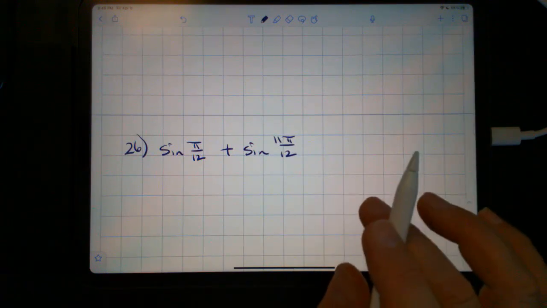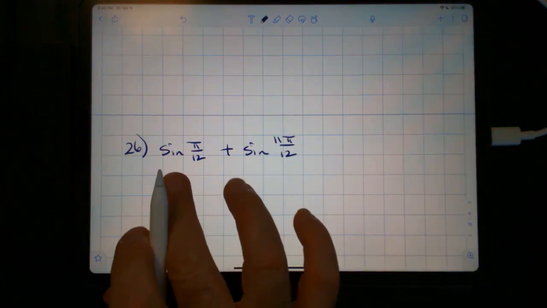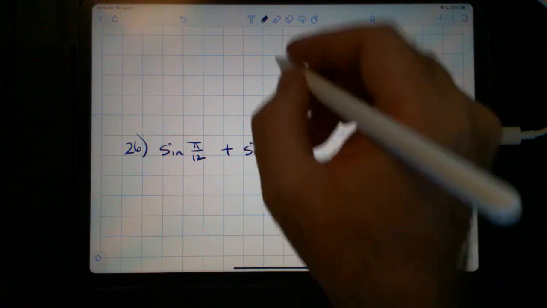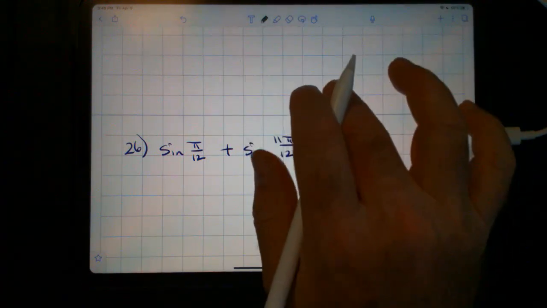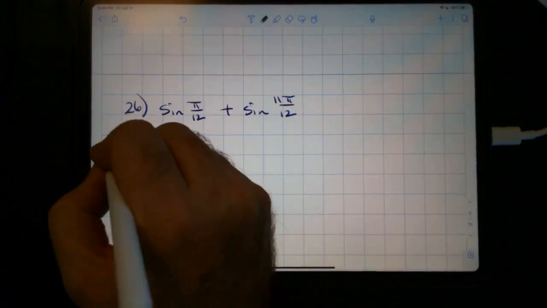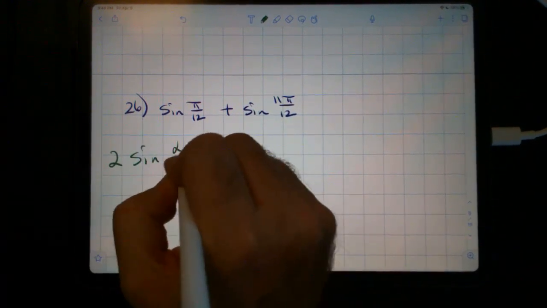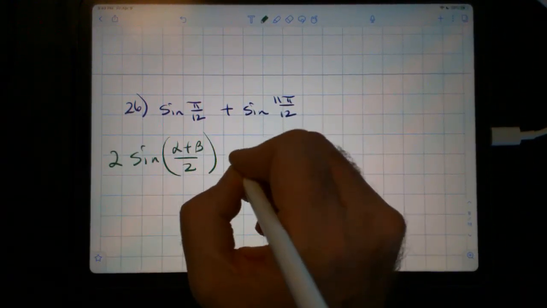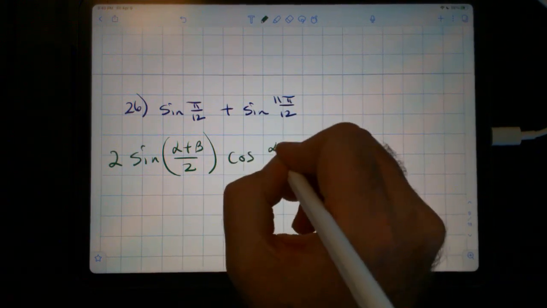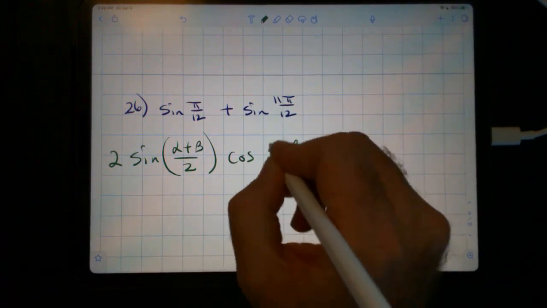Okay, now we have the sine of alpha plus sine of beta. This basic structure is going to look like 2 sine alpha plus beta over 2 times cosine alpha minus beta over 2.